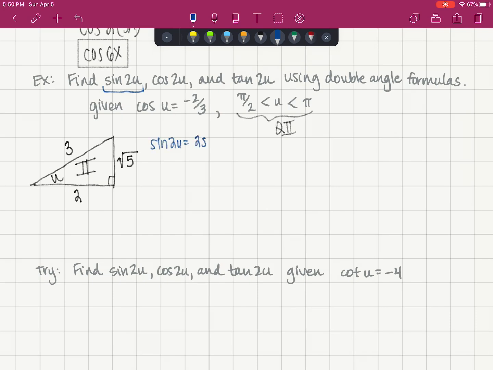And here we go. We're going to start with the sine of 2u. The sine of 2u is equal to 2 times the sine of u times the cosine of u.